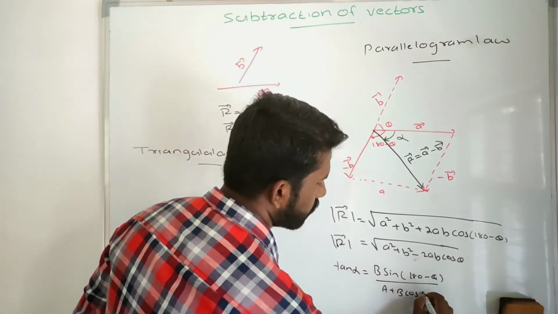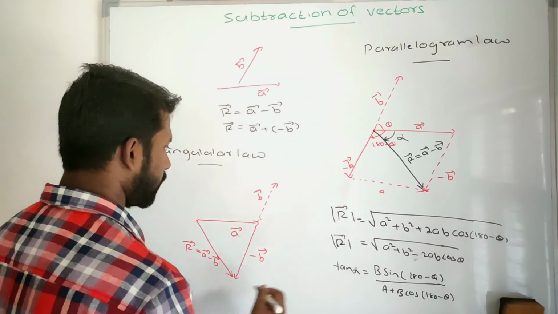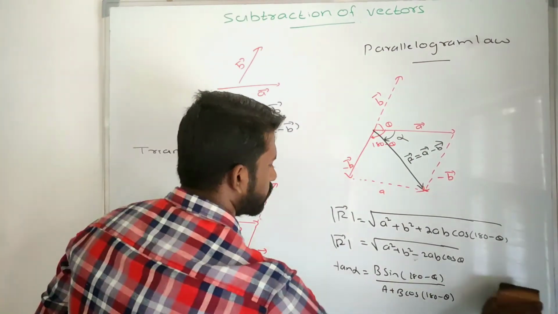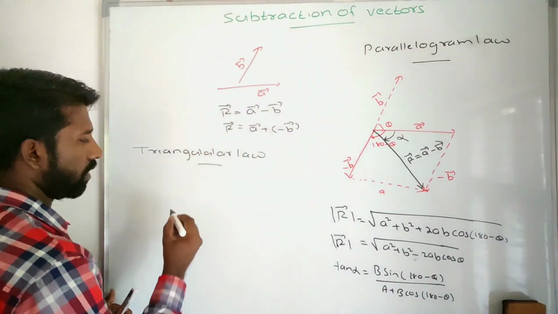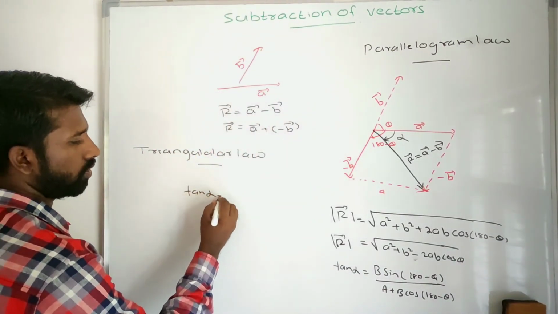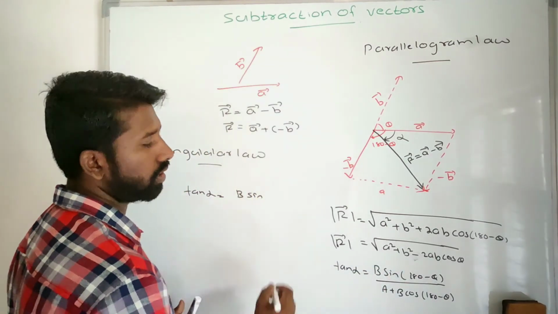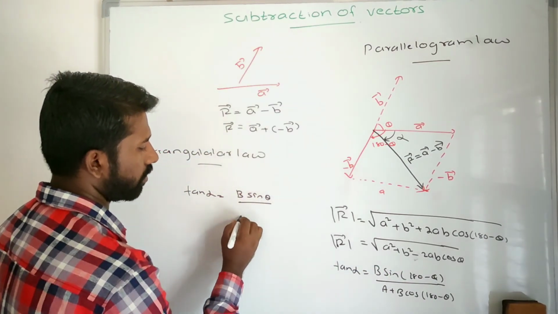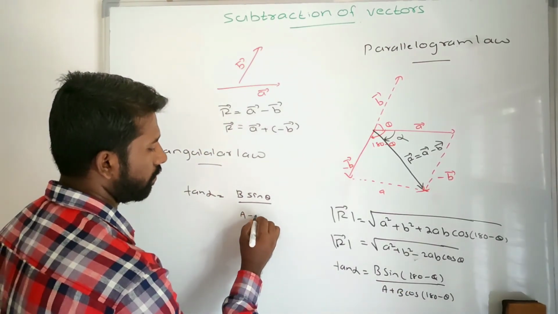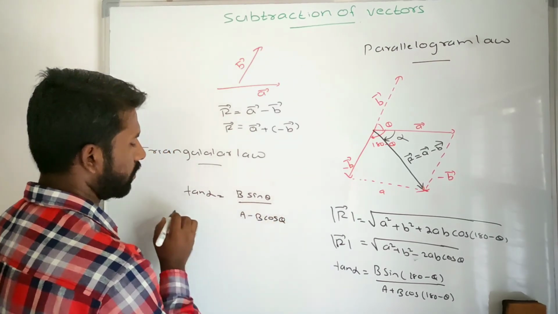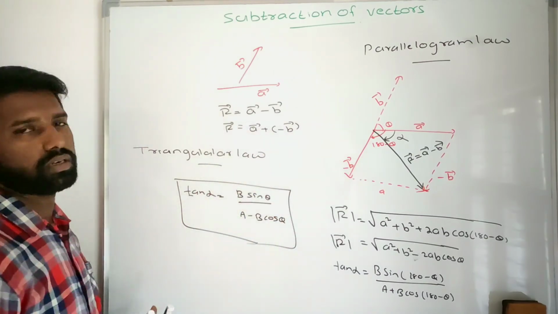But here theta is not the angle, 180 minus theta is the angle. So if you apply this, tan alpha is equal to B sin of 180 minus theta, that is sin theta, divided by A plus B cos of 180 minus theta, which is minus cos theta. So tan alpha is B sin theta divided by A minus B cos theta. This is the direction of the resultant.